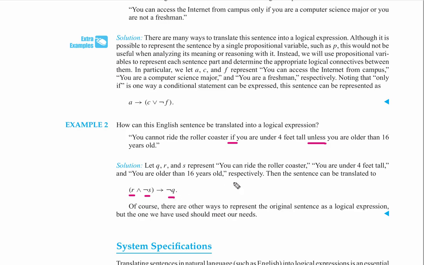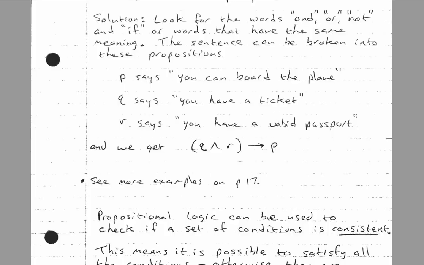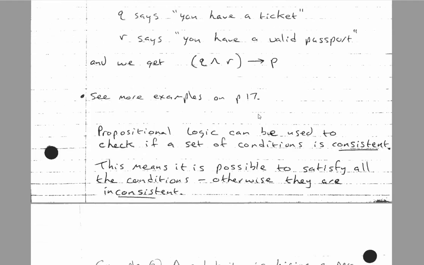So that gets the meaning of the sentence. Basically, anybody can ride the roller coaster except the people that are under 4 feet tall and younger than 16. And so that's what this is saying. Tricky and confusing.